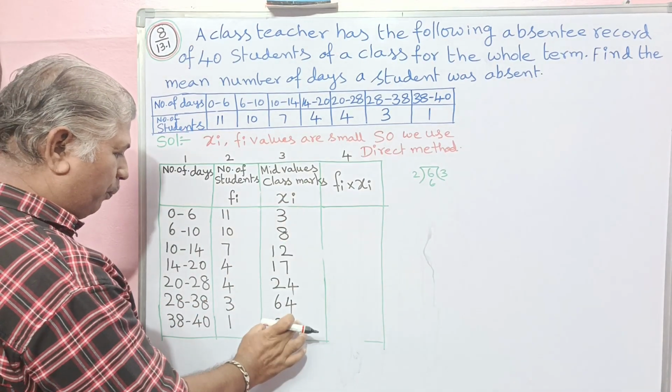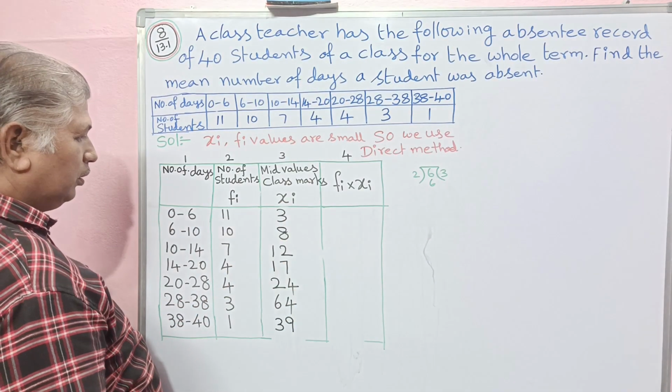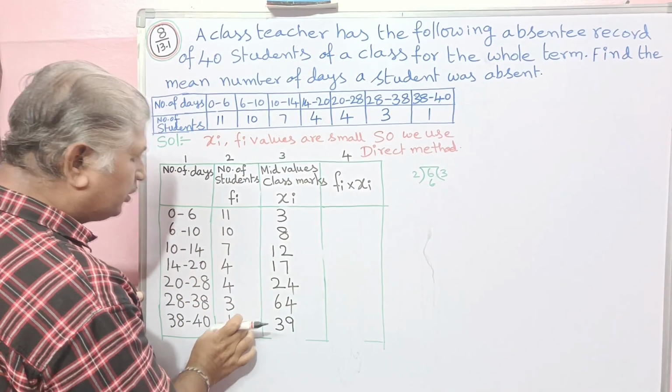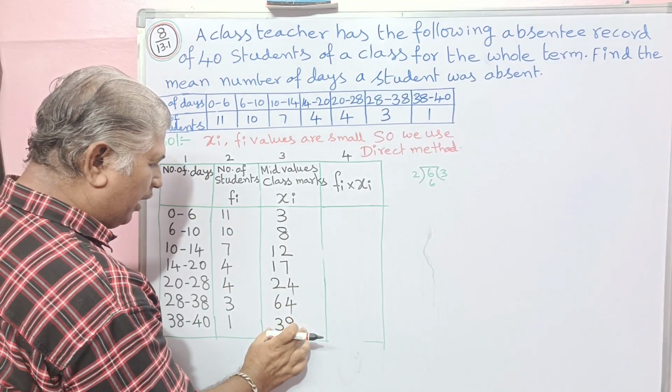The xi values are completed. Now, these values are fi values and these values are xi values.